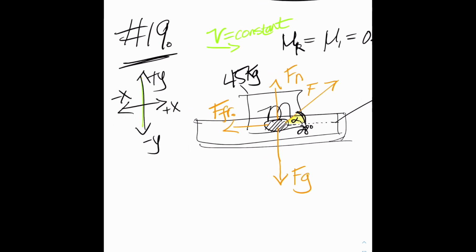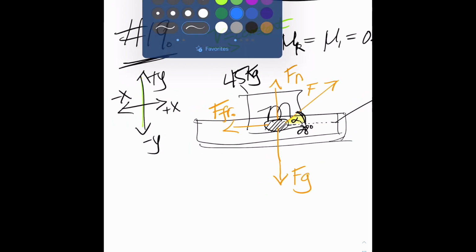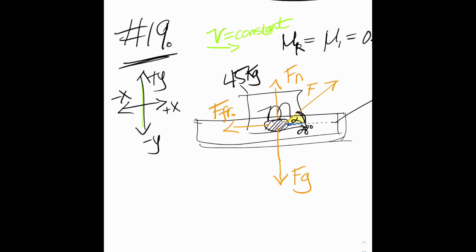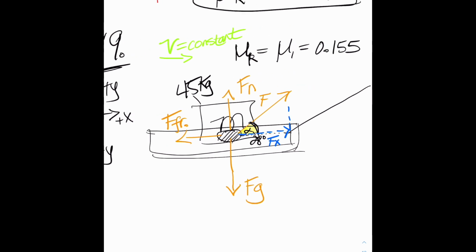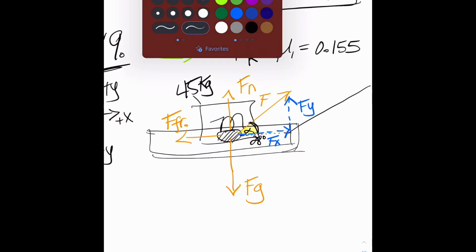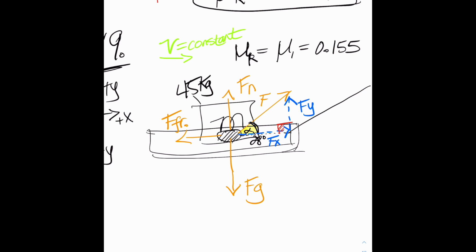So we're going to have to split up this F here into an F of x and an F of y. Okay. Giving us a right angle right there in red. And also letting us know that F then is a hypotenuse, Fy is an opposite, and Fx is an adjacent.